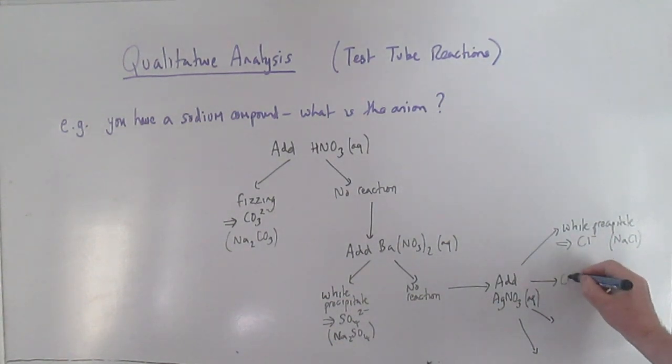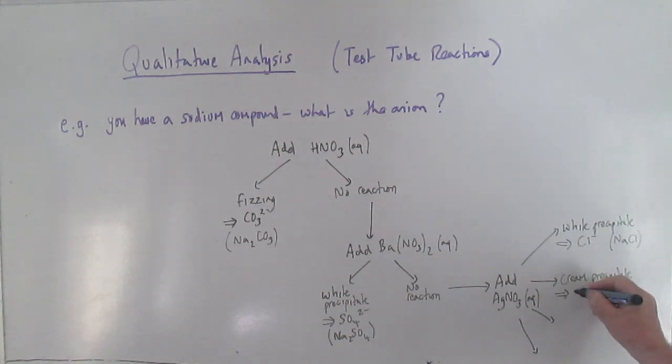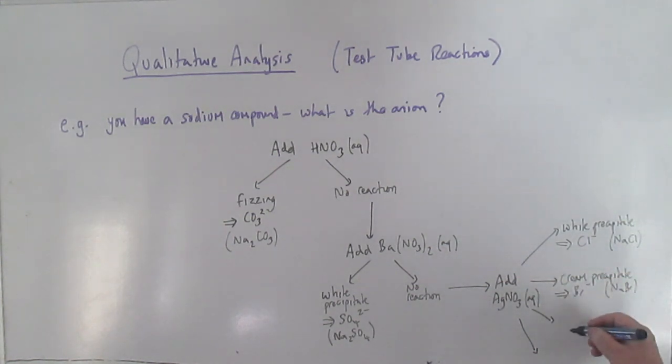You might get a cream precipitate, which means Br minus, bromide, so we'd have had NaBr. Or you might get a yellow precipitate, which is the iodide one. And if you get no reaction, it means that it's not any of these. So it's none of these anions.